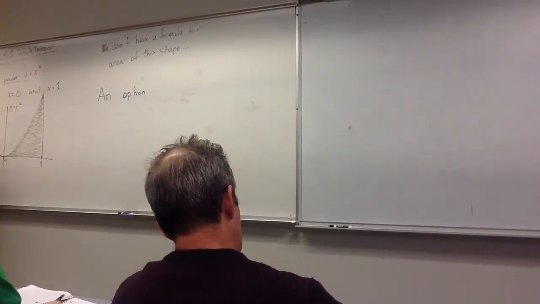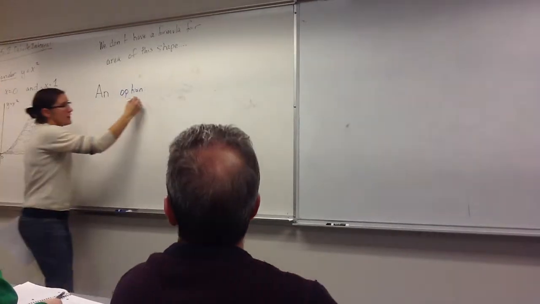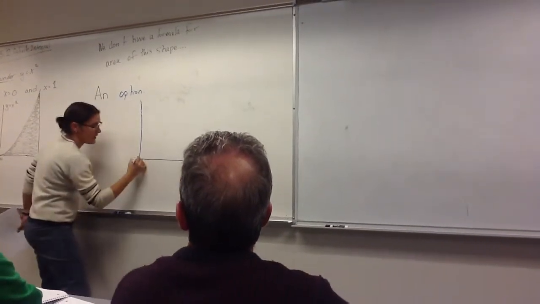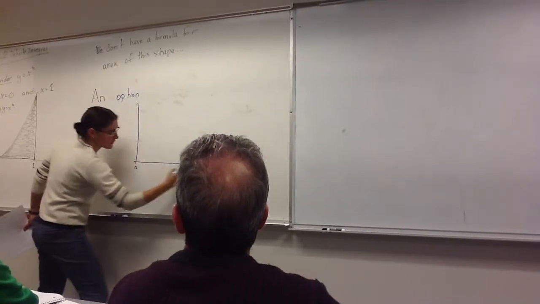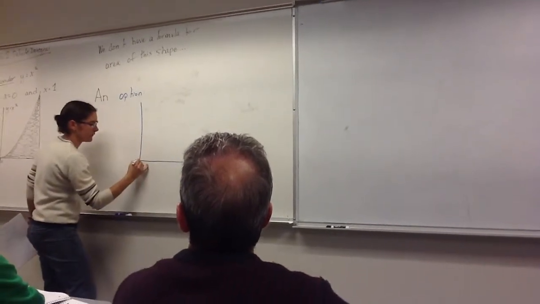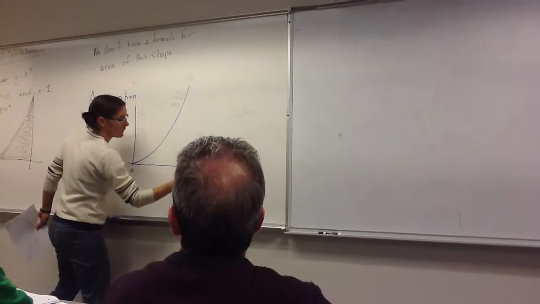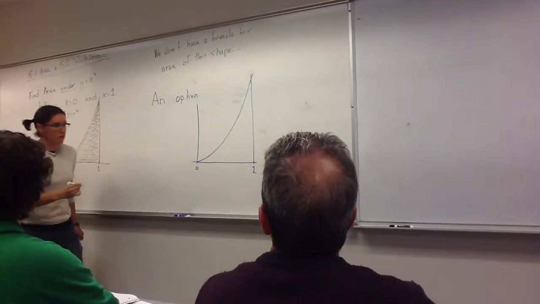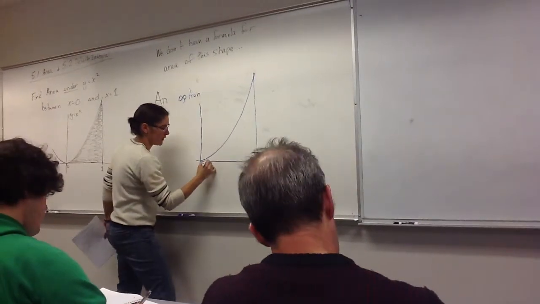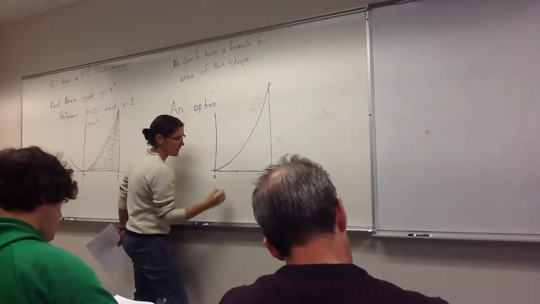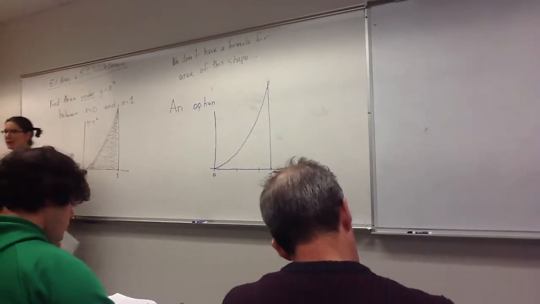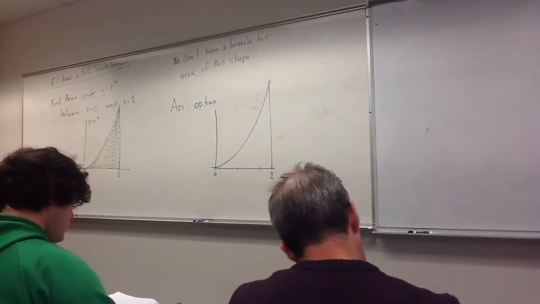Our option is that we're going to take this picture that I have, and we're going to break up this interval from 0 to 1 into a couple little subintervals. So here I've got a really skinny one, and then a fat one, and then maybe another one over there. So I've broken up the bottom of the interval into 4 different pieces.